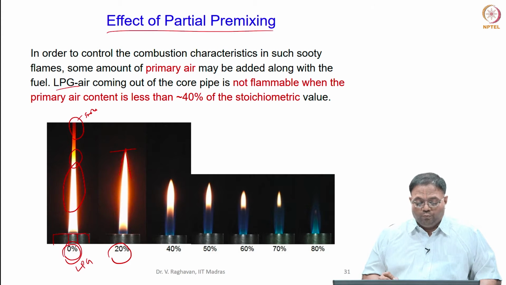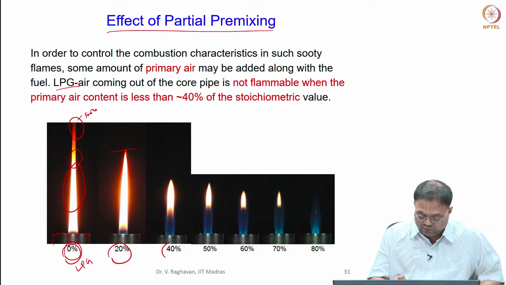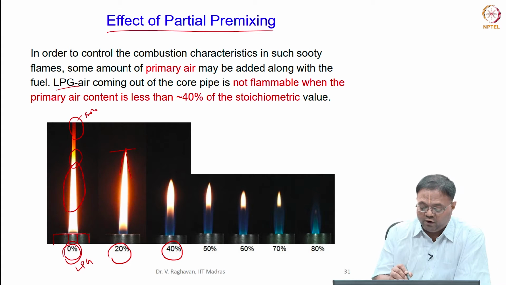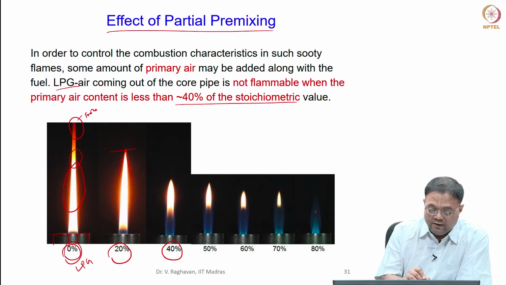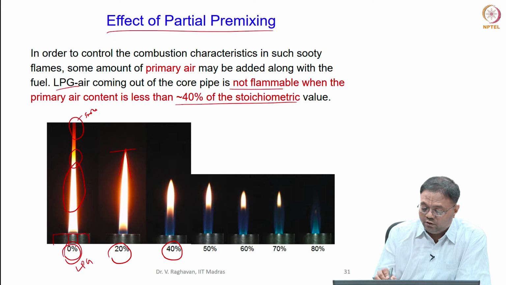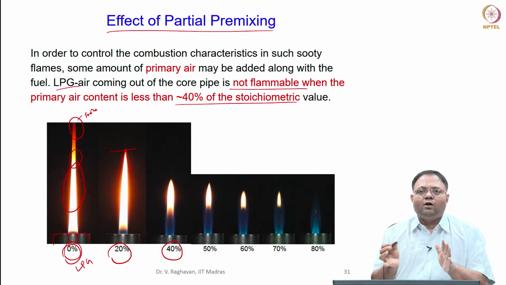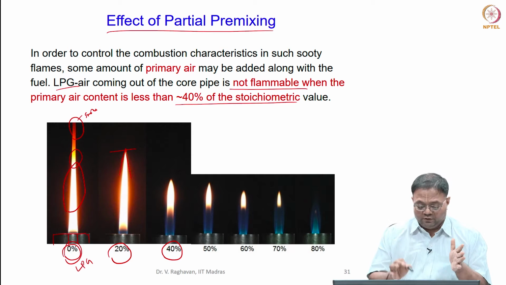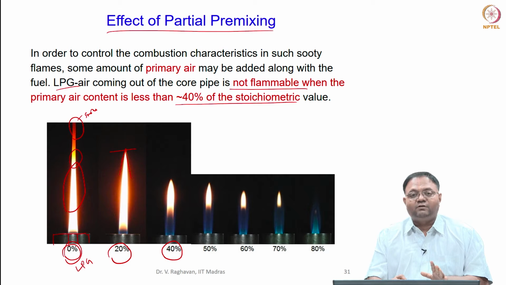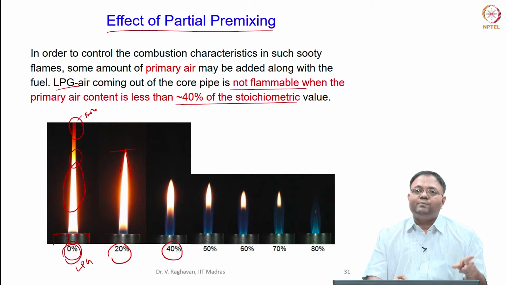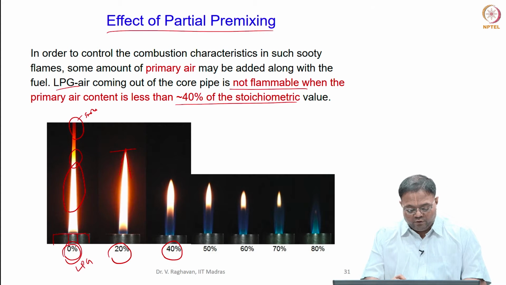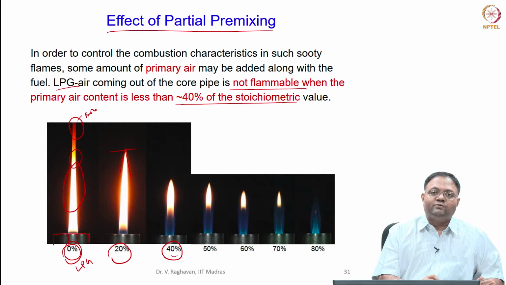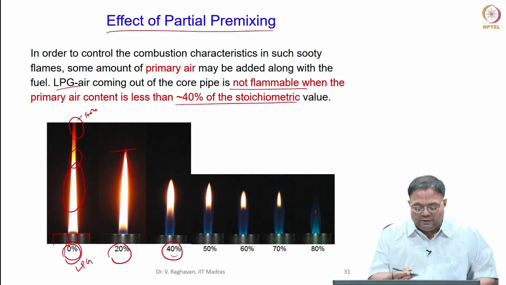Okay. Now, increase it further to 40%. Now, you have to note that around 40%, less than or equal to 40%, the mixture is not flammable. The mixture coming out of the port, fuel plus 40% primary air, will not be flammable. This is the limit.